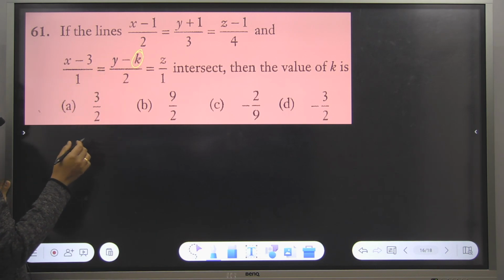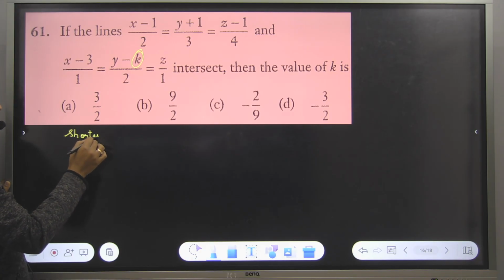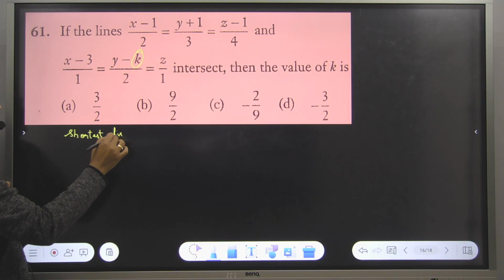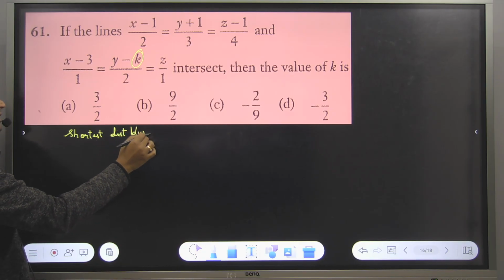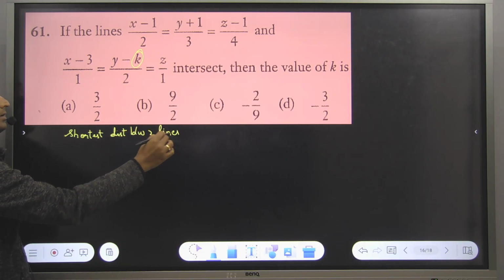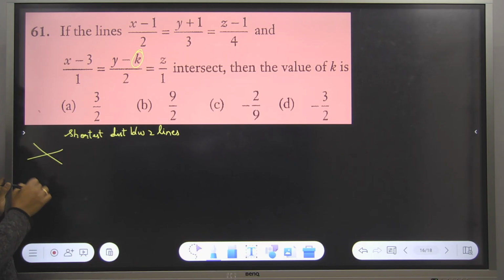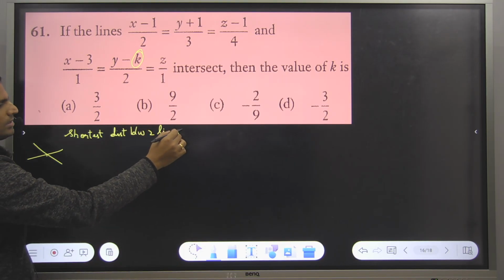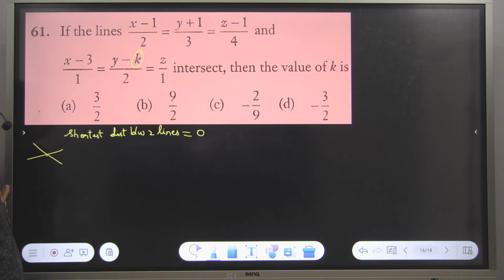So whenever they intersect, can you tell me what is the shortest distance between the two lines? If two lines are intersecting like this, what is the shortest distance between them? Yes, 0.